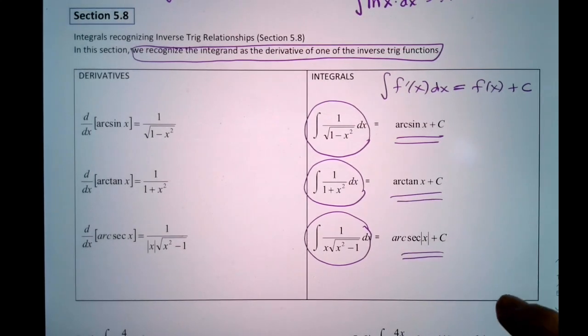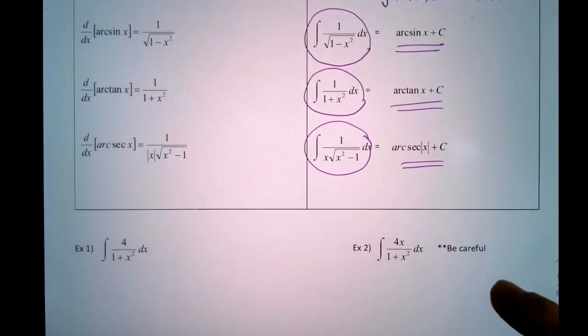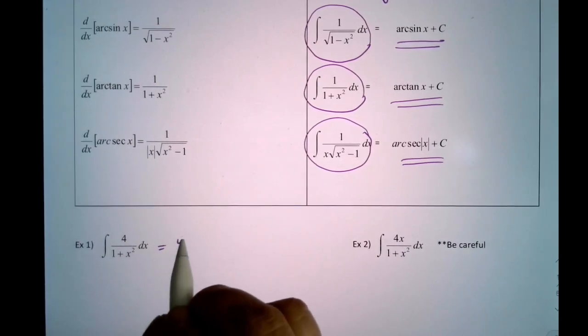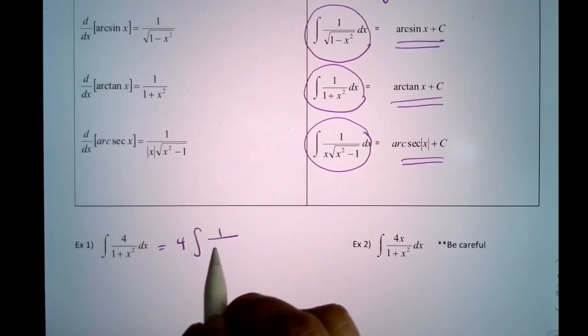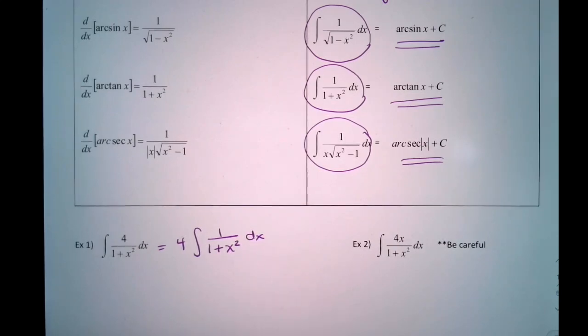And that's pretty much what we have going on in example 1. It's not an exact layup, but it's as close as you can get to a layup. The only thing I did is put a 4 in that numerator, but that's just a coefficient. So you can get around that issue really quickly just by taking that coefficient out. And then you've morphed it into a situation where the integral does look exactly how this is stated in this table.